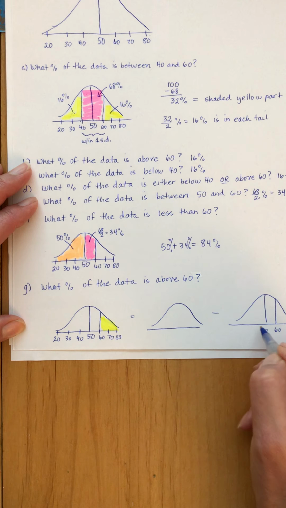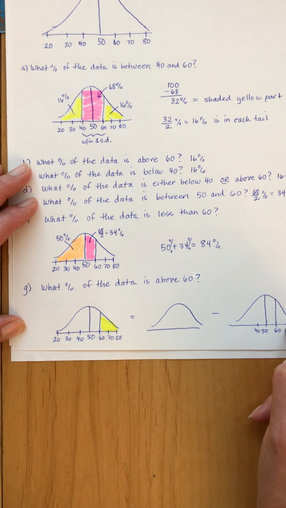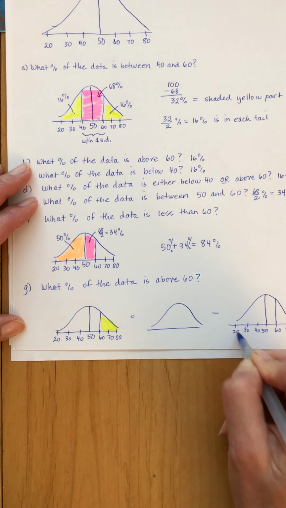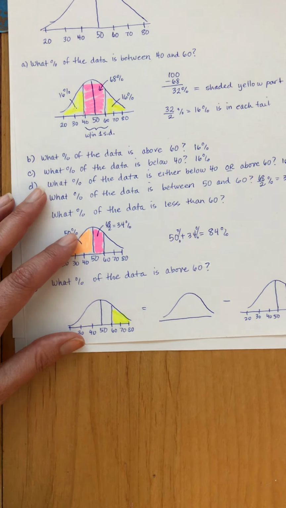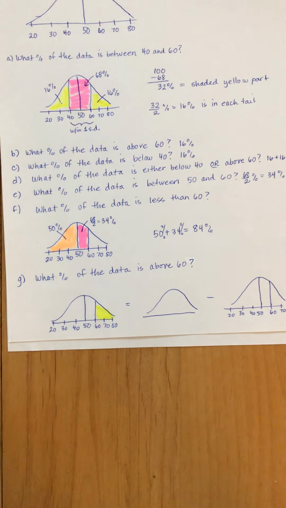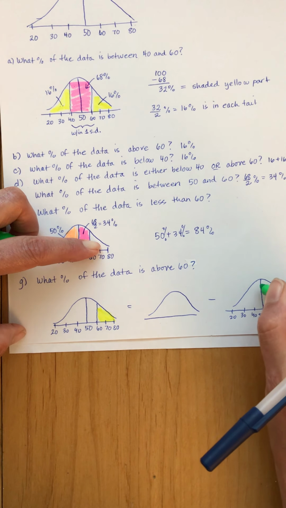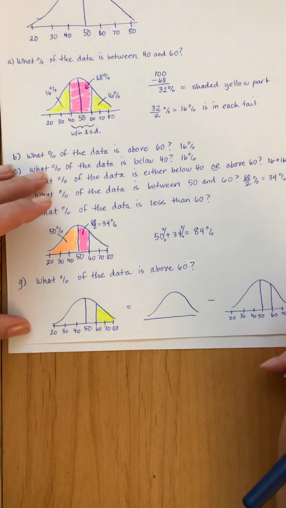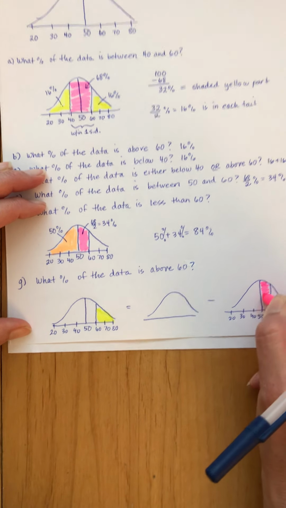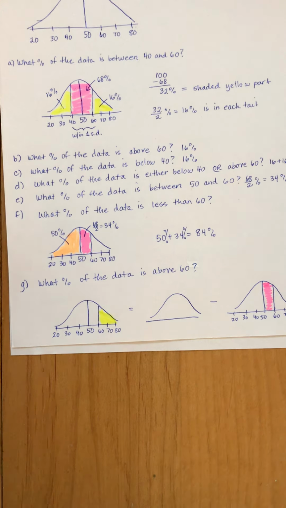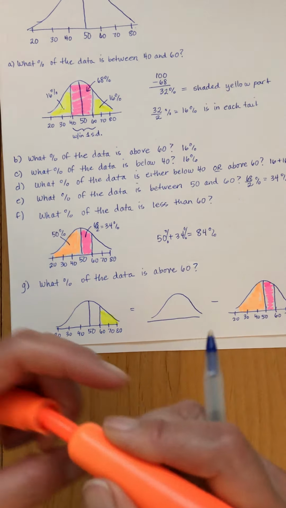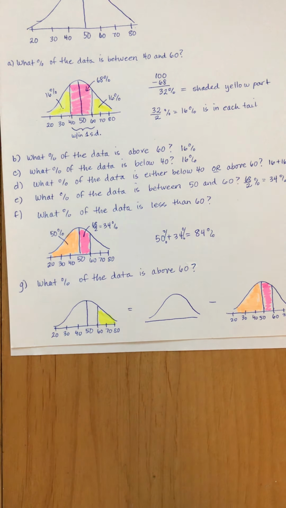You should just be able to play with these numbers, and you always know that it has to add to 100. I'm going to do it this way again because of the problem we have above. I'm going to say pink, and orange, and we'll say the whole thing is green.